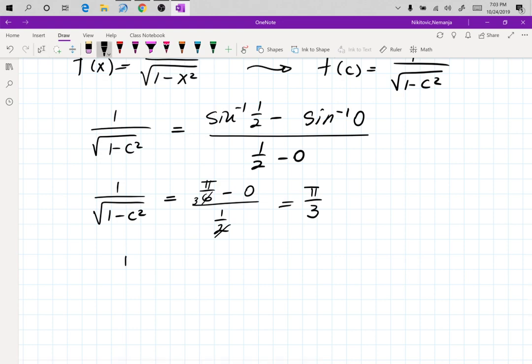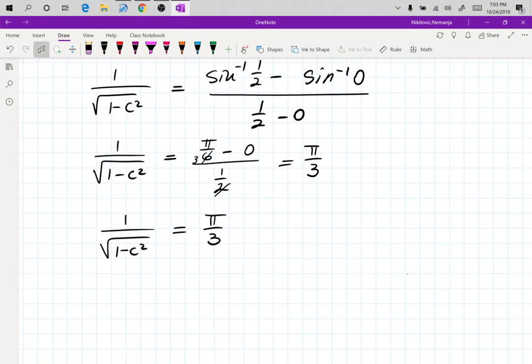So now you have the equation 1 over square root of 1 minus c squared is equal to pi over 3. So all you need to do now is to solve this, and you're done. Well, just cross multiply, come on. 3 equals pi square root of 1 minus c squared.